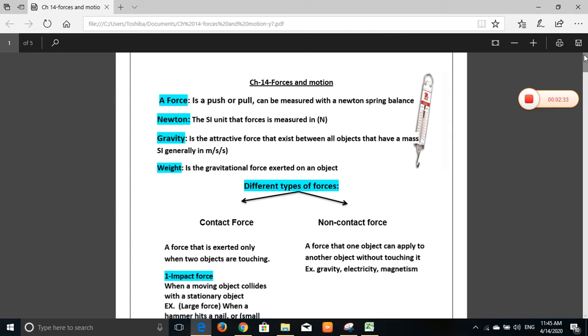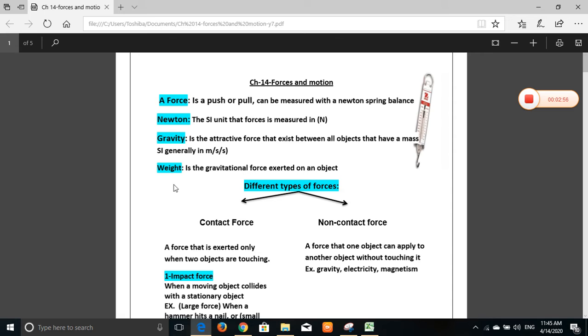Gravity is the attractive force that exists between all objects that have a mass, and gravity also has a standard international unit, meter per second squared. I can write meter per second or meter per second squared.